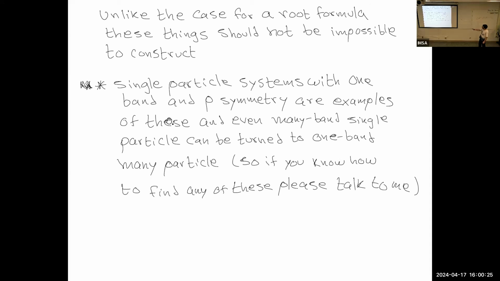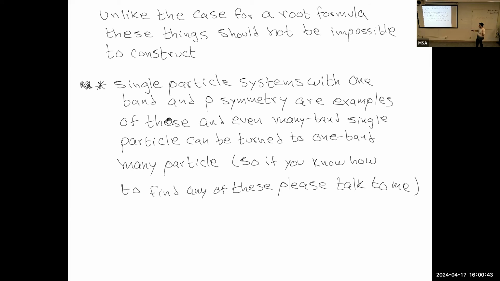But also this is very important: single particle systems, systems with a single band that have this crystalline symmetry, could represent some of these spaces. If they land in our classification, then they should be robust to adding interactions.